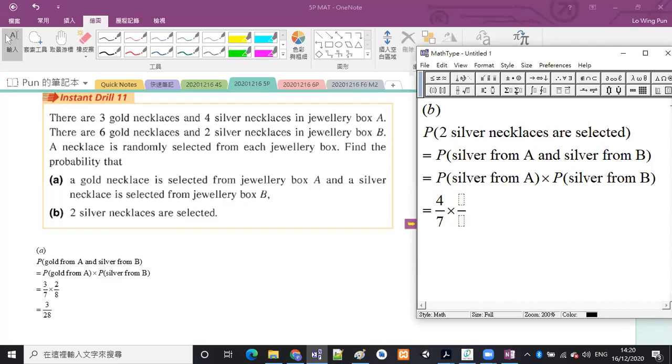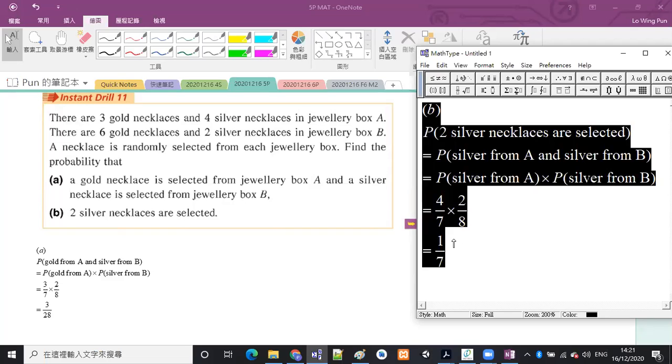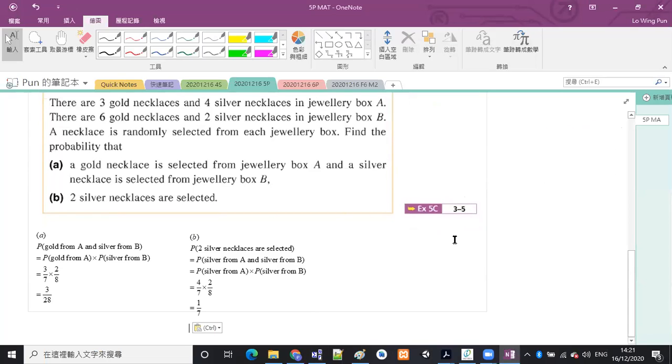And then for the second fraction, it is selecting from box B, and there are 8 options in total. And among the 8 options, 2 of them are silver. Okay, so the final answer will be 4 over 7 times 2 over 8, which should be just 1 over 7. Am I correct? Yes.